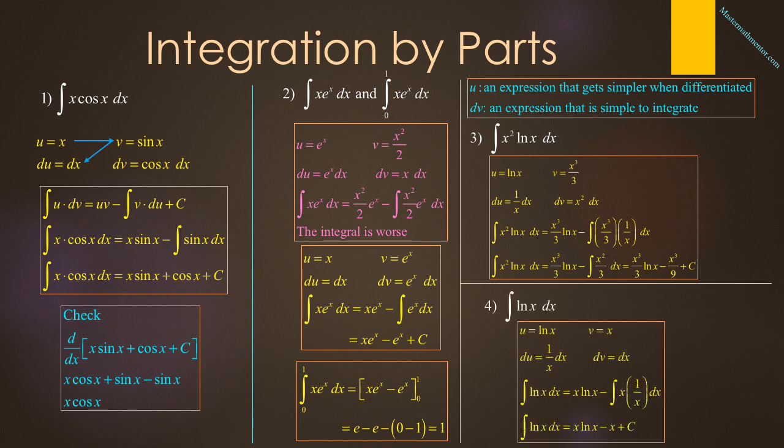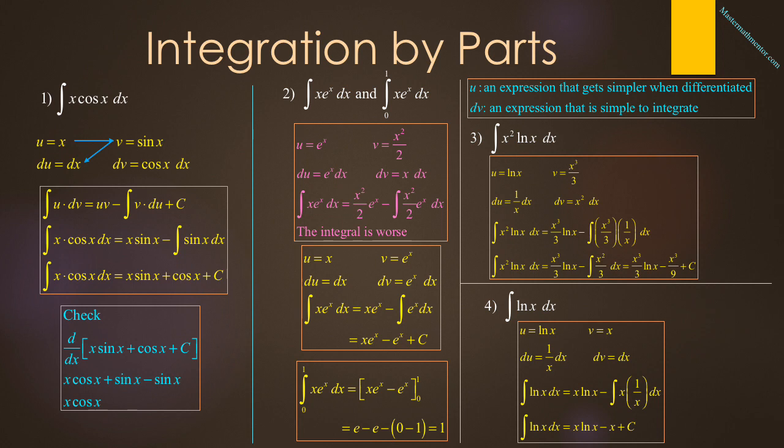In 4, we just want the integral of natural log of x dx. The choice here is obvious. Making dv natural log of x means that to find v, we'd have to integrate natural log, which is exactly what the problem is. But making u natural log of x, du is 1 over x dx, and if dv is simply equal to dx, then v equals x.